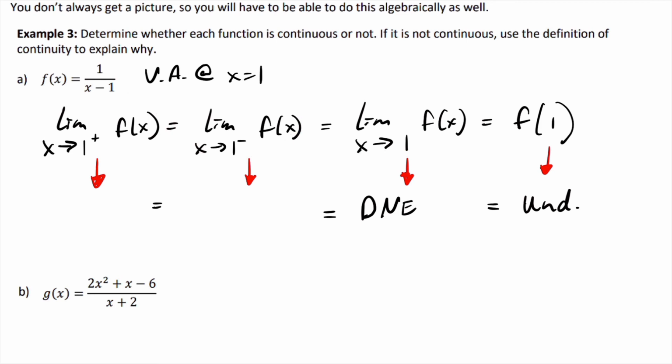So I have to, in my head or on paper, figure out as I get closer and closer to 1 from the right side, is it going to be a positive number or a negative number? Positive, right? If I plug in numbers from the right side of 1, 3, 2, 1.5, 1.4, 1.3, 1.2, 1.1, I subtract them, I get positive numbers, right? So this one here is going to be positive infinity.